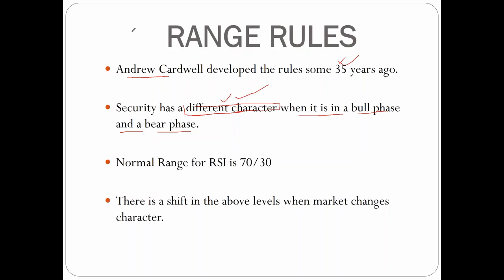So he framed a range rule. The normal range observed by Wells Wilder was 70-30. And he observed that there is a shift from these levels when the market changes character, that is, when the market is changing from a bull phase to a bear phase, there is a shift from the normal range of the RSI.